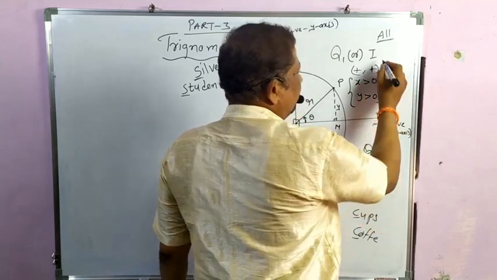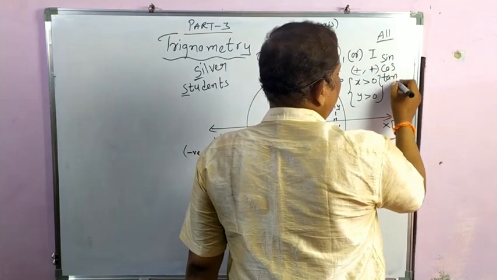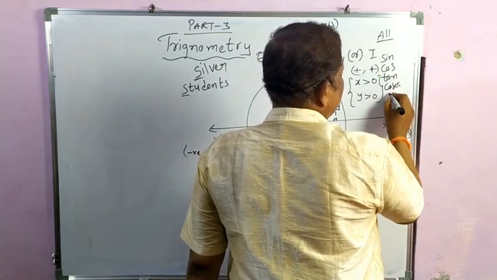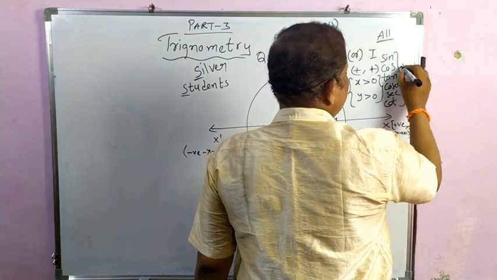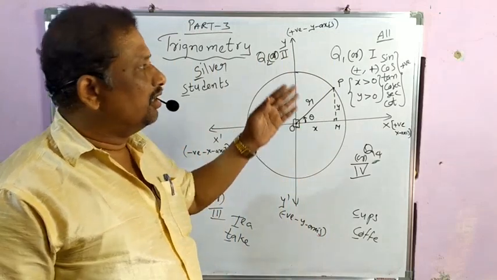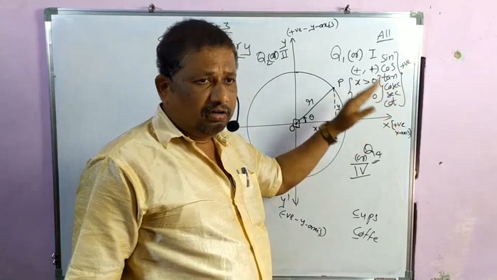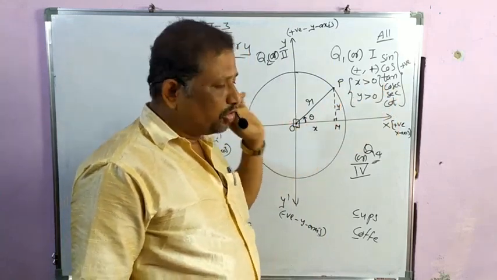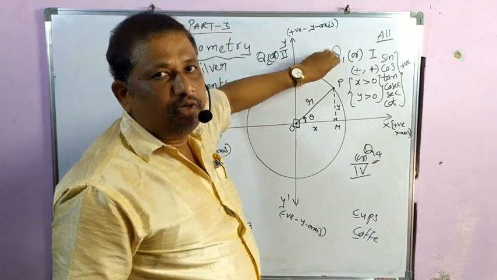Also all trigonometric ratios sine, cos, tan, cosecant, secant, cot are positive in the first quadrant. That means sine theta, cos theta, tan theta, cosecant theta, secant theta, cot theta: if theta is an acute angle, all trigonometric ratios have positive values.